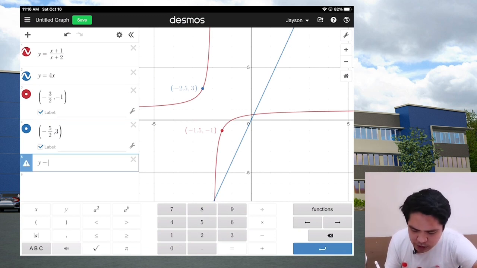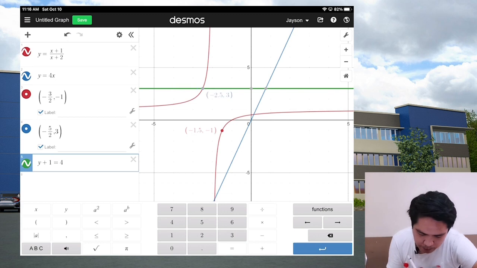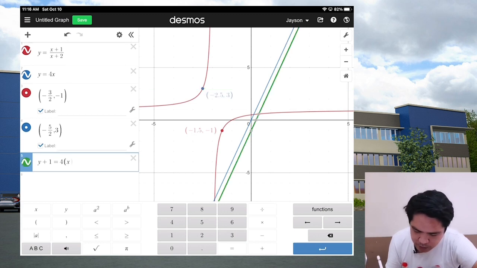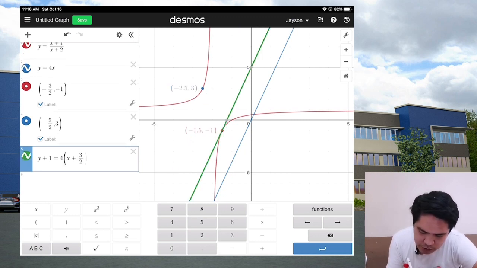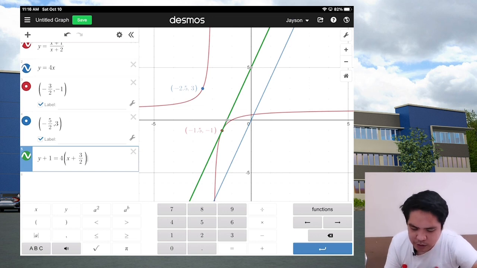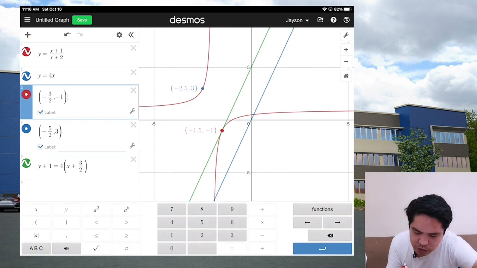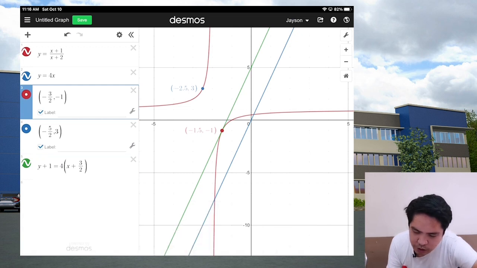So y minus negative 1, actually plus 1, is equal to 4 times x minus negative 3 halves, so plus 3 halves. So we have that line. It crosses through this point, and it's parallel to y is equal to 4x.